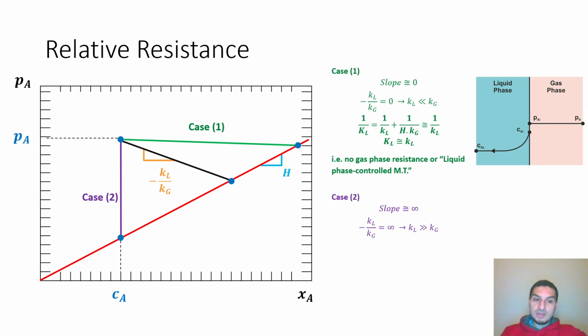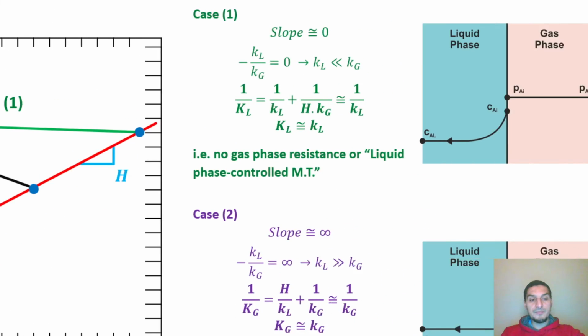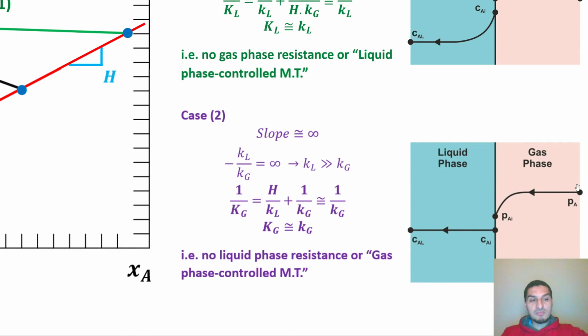You can do the same here, and you will see that KL is much larger, which means that this term is going to be almost equal to 0. So we'll have KG equals KG, and this means that it's the totally opposite case. It is a gas phase controlled mass transfer process. You will have the profile in the gas phase that we have here, but in the liquid phase it's a linear profile. We don't have any driving force.